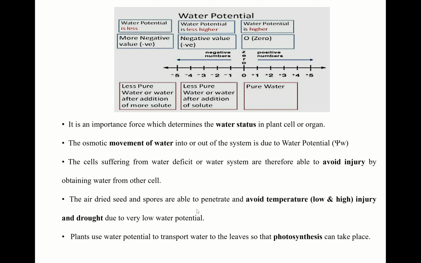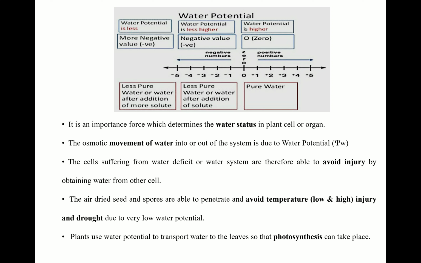The air-dried seeds and spores are able to avoid temperature injury, low and high, and drought, due to very low water potential. Seeds and spores, when they are dry, can avoid injury and withstand drought, and all this is because of the low water potential.